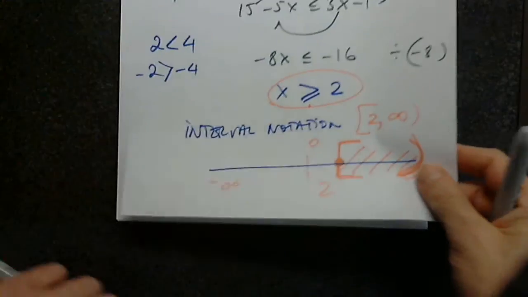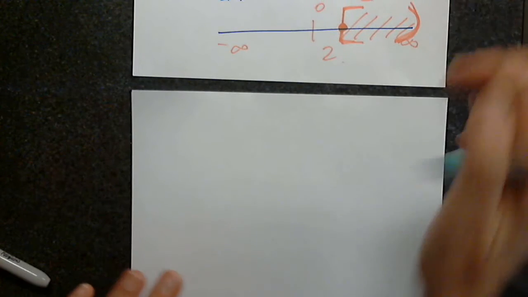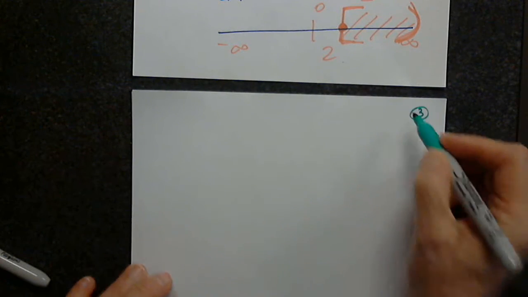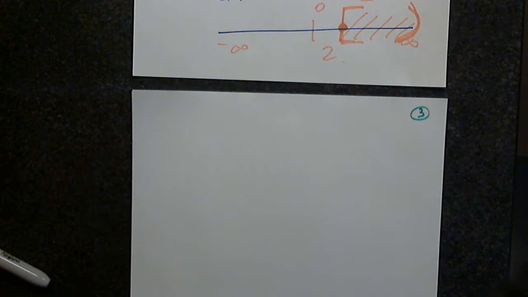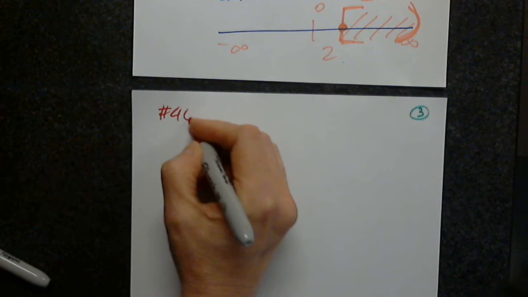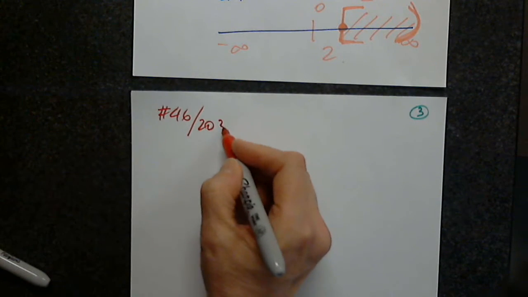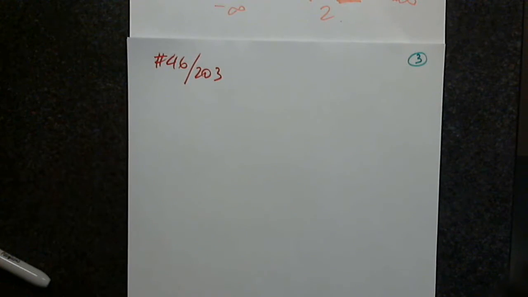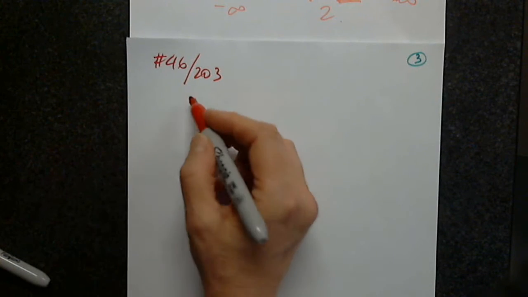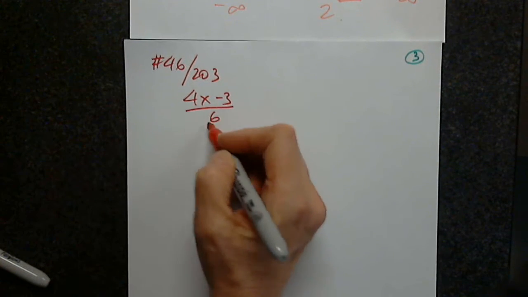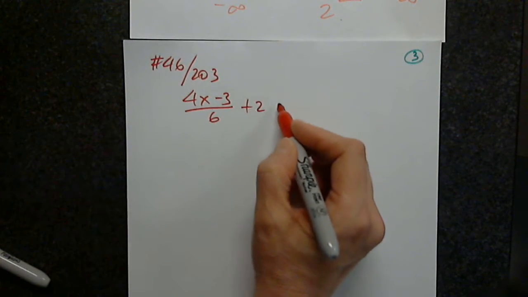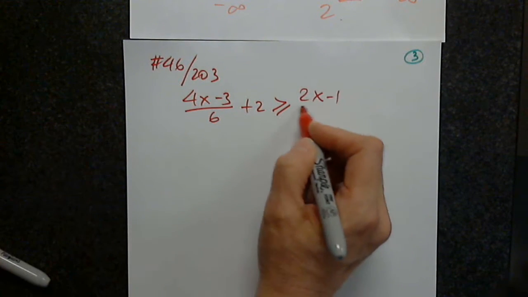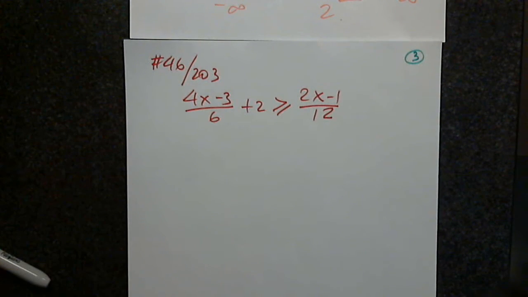Okay. Do you think we need another linear inequality before we move on? Let's look at 46 on the same page 203, and then we can look at absolute value inequalities. (4x minus 3) divided by 6, plus 2, greater than or equal to (2x minus 1) divided by 12.